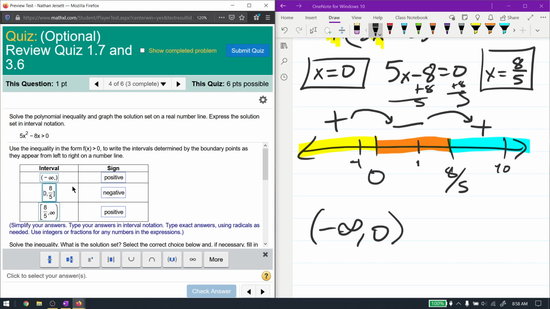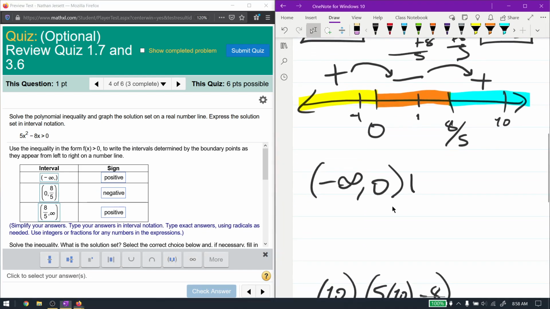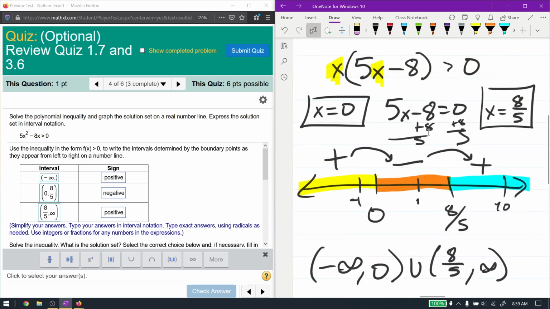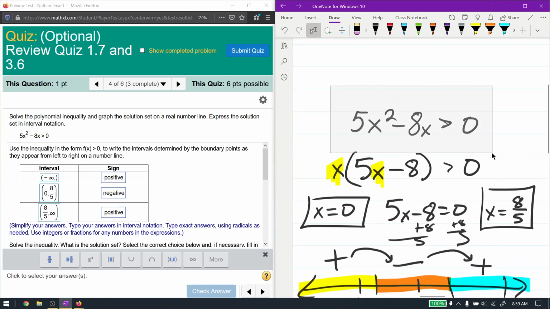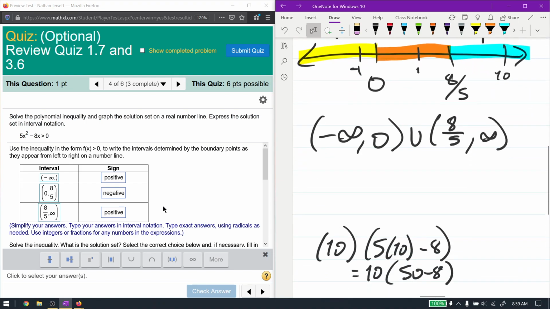These should be parentheses, and this one should be a parenthesis as well. However, our answers are still going to be the same sets, just not including the endpoints. Again, that's because we had strict inequality here. Greater than is only allowed. Okay, those are the intervals.